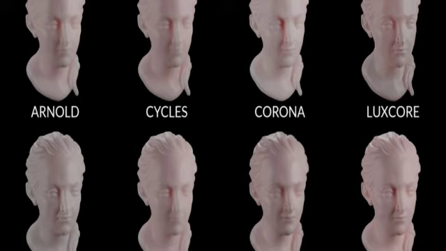LuxCore is similar to Octane, where Octane seems to be very much equal to Arnold, and LuxCore is a little bit better than them. So I think here Corona render will be the best if you want to use it with any of the software, but Cycles seems to be giving a better performance here than Arnold.